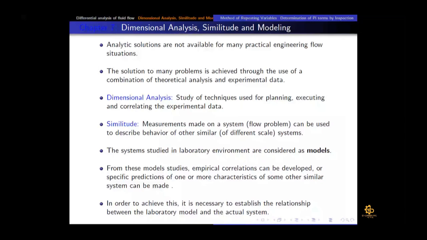That is called modeling. When we take our actual system and reduce it, we need to make sure that the flow situation the actual system experiences is replicated on the downscaled model. That is ensured by the modeling approach, which we are going to learn in a week or so.